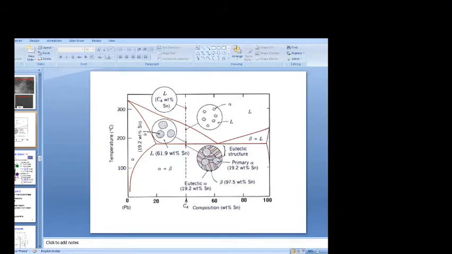Okay, so now we have this particular figure. The liquid phase present has a composition of approximately 18.3 weight percentage. That particular liquid phase is representing this combination, and with this we are moving in this figure.